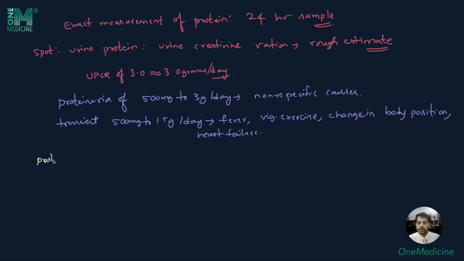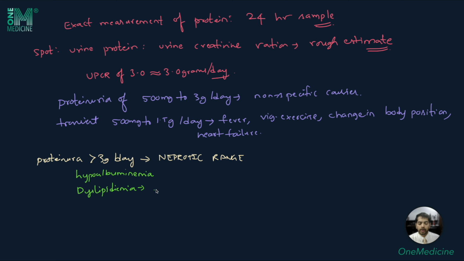A proteinuria in the range of more than 3 grams per day is considered nephrotic range, and if there is associated hypoalbuminemia, dyslipidemia, leading to increased cholesterol levels, and edema, this together is called nephrotic syndrome.